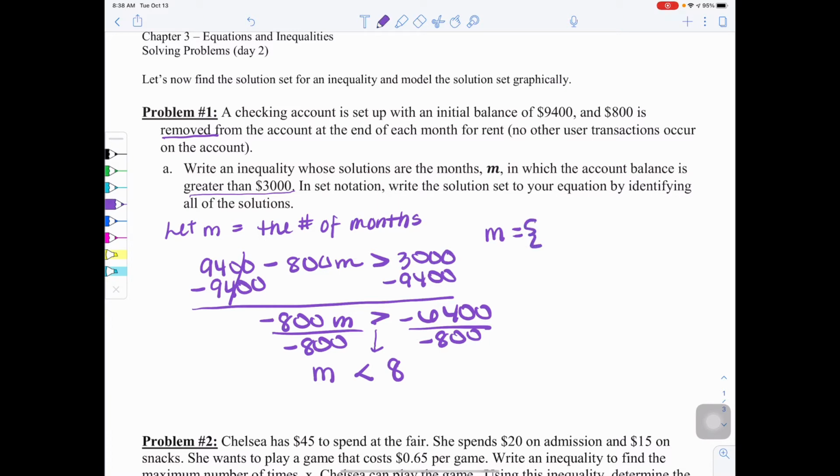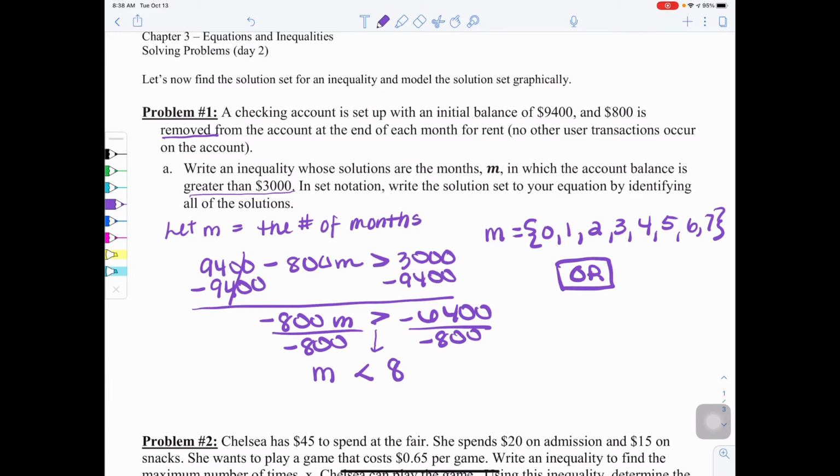We would do our squiggle brackets and list the numbers we can use: 0, 1, 2, 3, 4, 5, 6, 7, and I'm not going to list 8 because it said we had to be less than 8 months. So that's one option.